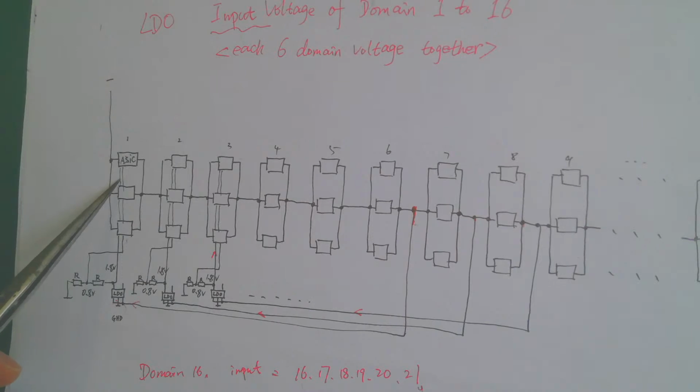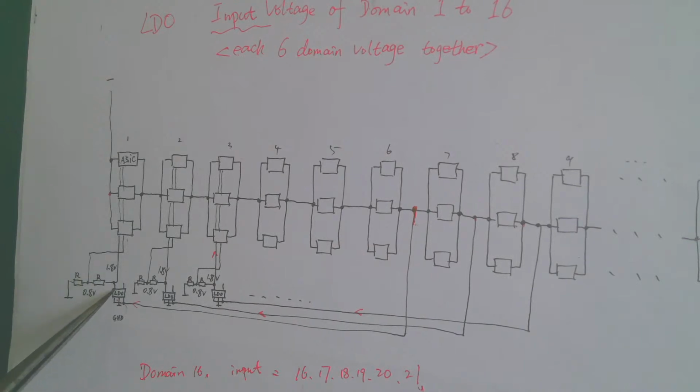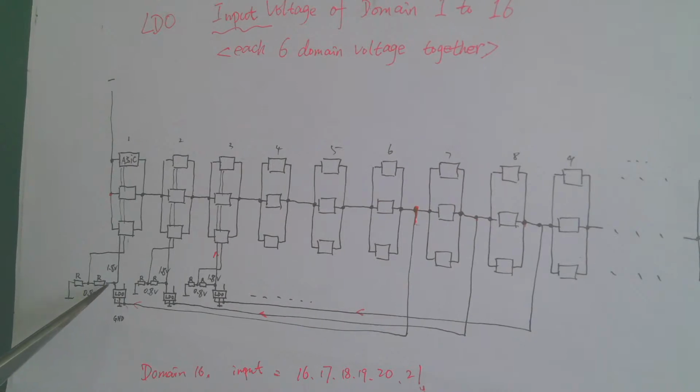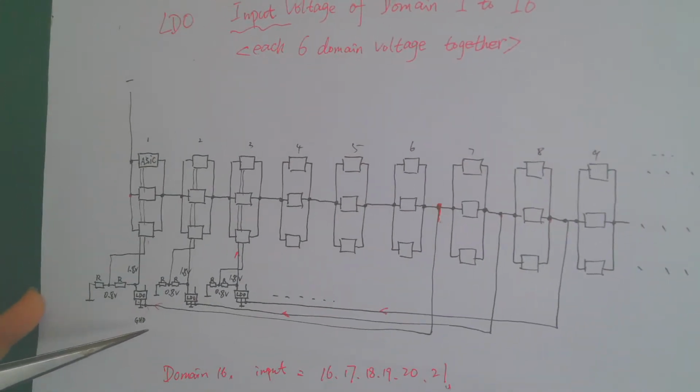This is one input voltage from the LDO, 1.8. The LDO output 1.8 will also go to the two resistors. These two resistors depress the voltage to 0.8 volt.